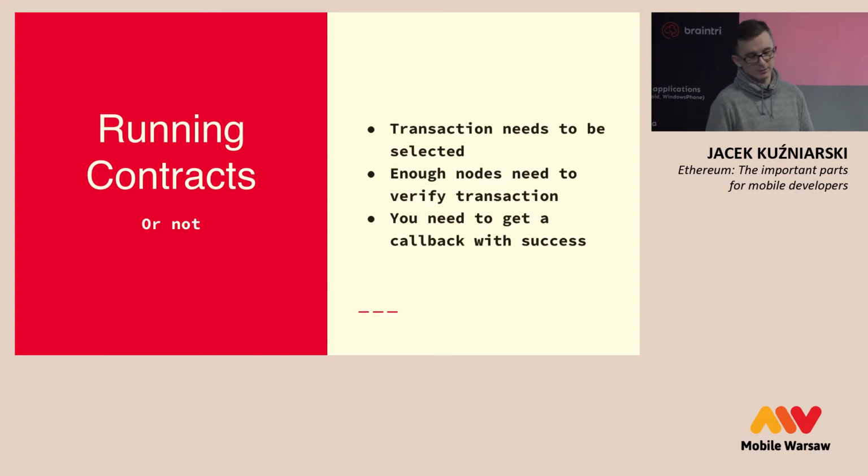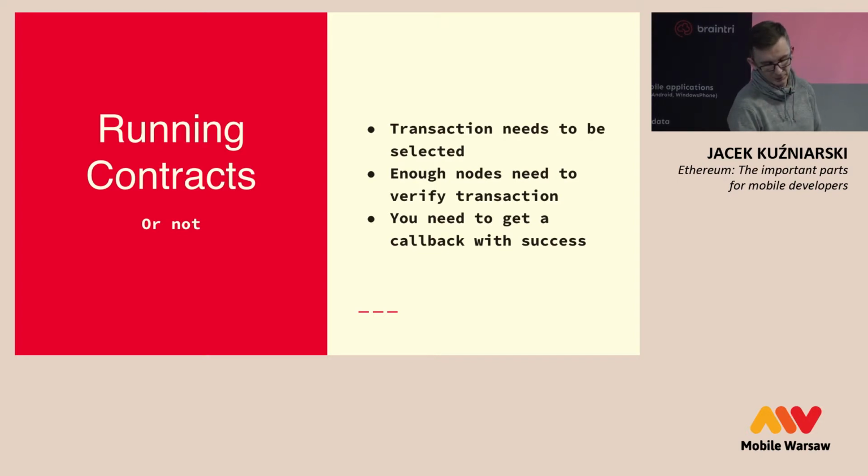And running contracts, or rather not. The problem with blockchain is, especially with the main blockchain, with the private one this is not a problem. Transaction needs to be selected. There's a pool of transactions submitted for each new block of the blockchain, and this needs to be selected. It needs to be verified by each of the nodes that's selected.